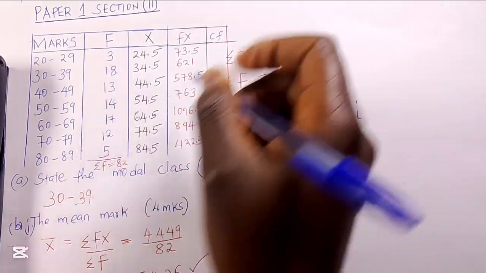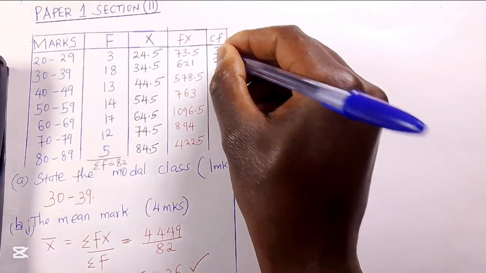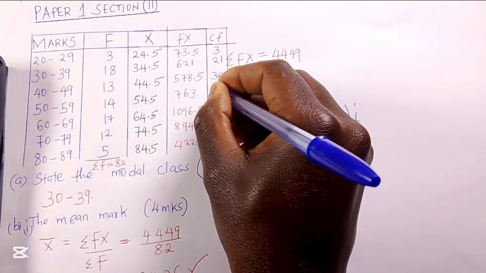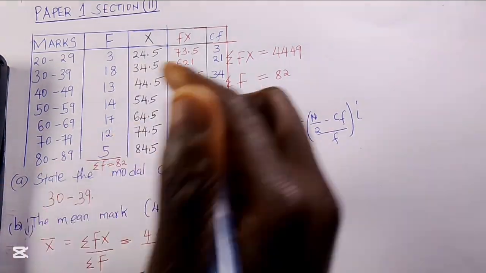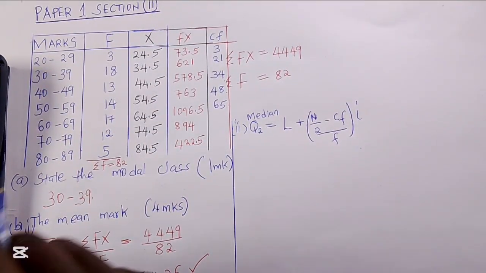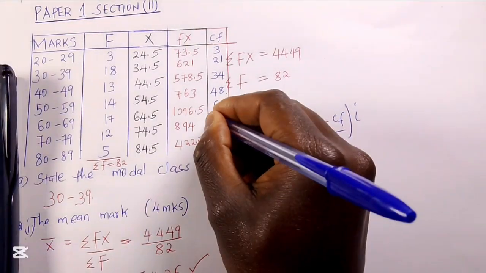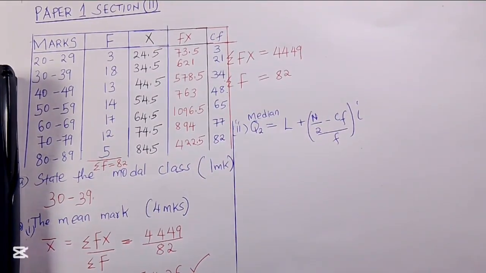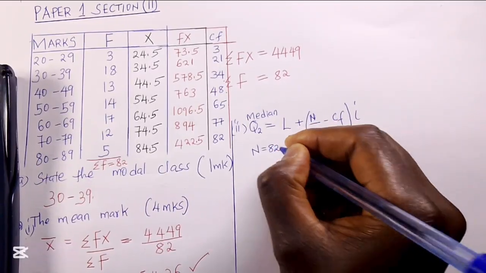So we will start with 3 plus 18 is 21. 21 plus 13 is 34. 34 plus 14 is 48. 48 plus 17 is 65. 65 plus 12 is 77. 77 plus 5 is 82. So our n here is equal to 82.